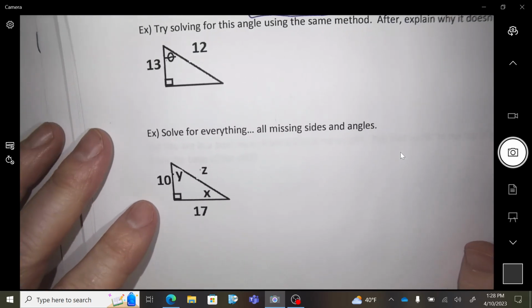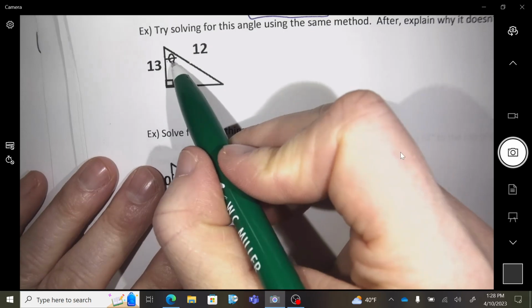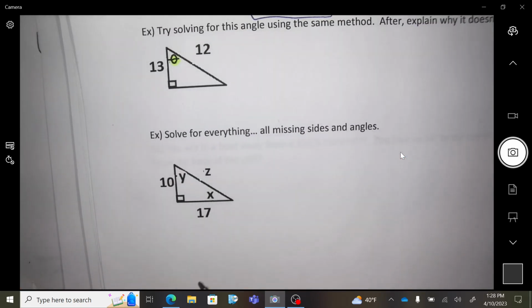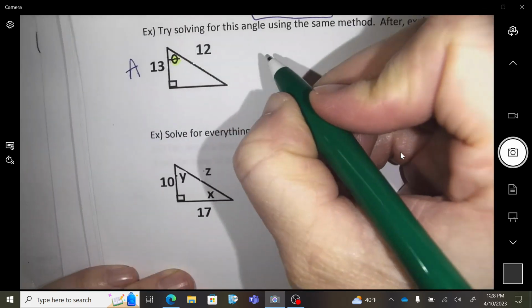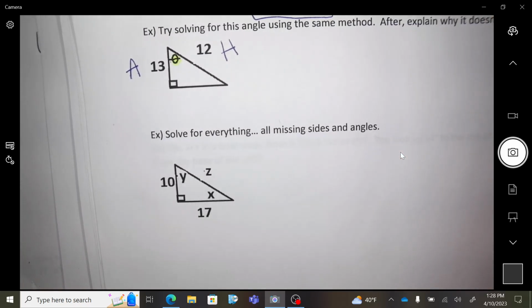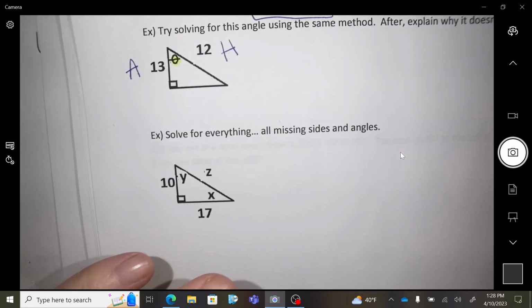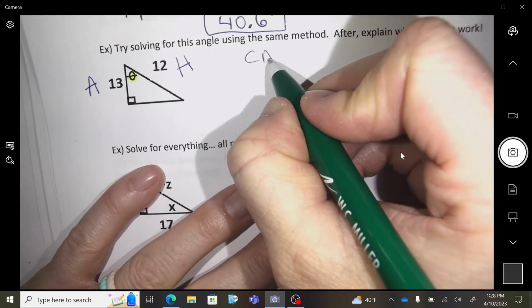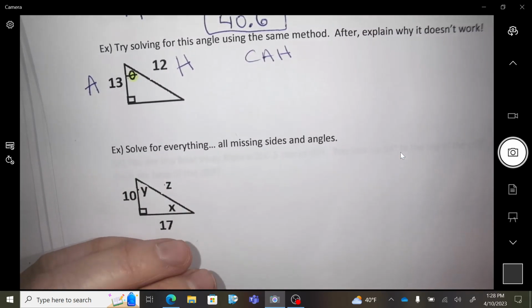Next one. So this is the angle. And then 13 would be adjacent, and 12 would be hypotenuse. That means I'm picking a CA method.